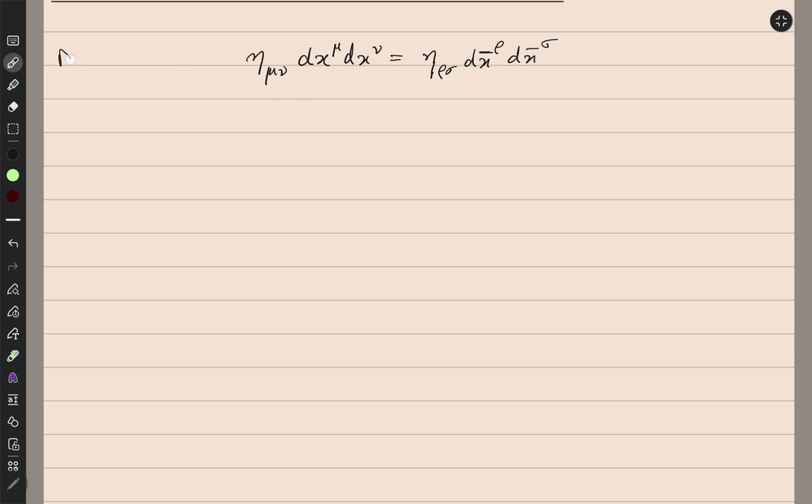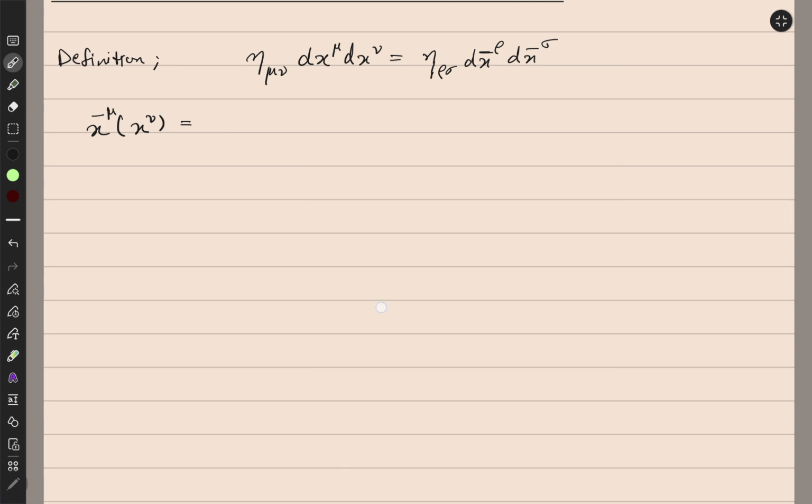If we take this as a definition, the property that the speed of light is constant in all frames would just pop out of this definition. By the way, x and x bar are just connected to each other via some transformation. x bar are just some functions of x.